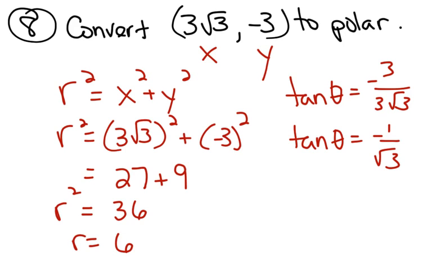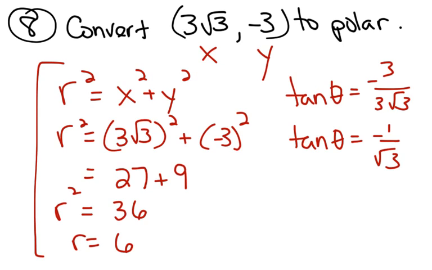I just realized I did not have this going here. I'm going to repeat this real fast. R squared is x squared plus y squared, so I'm going to square 3 square root of 3 and square negative 3. 3 square root of 3 squared is 27. Negative 3 when I square it is 9. 27 plus 9 is 36, and remember that's r squared, so r is 6.